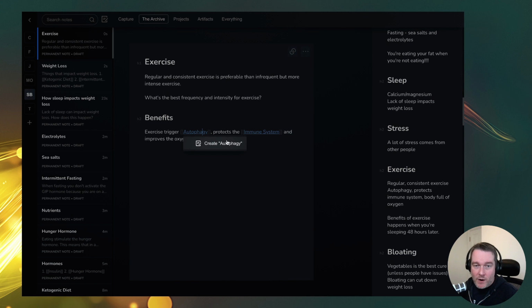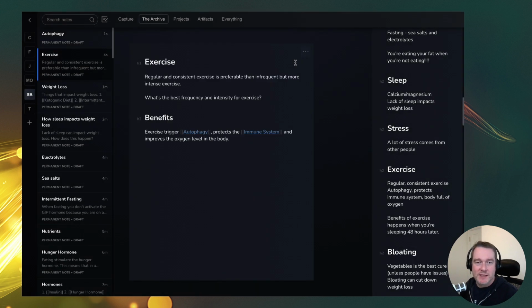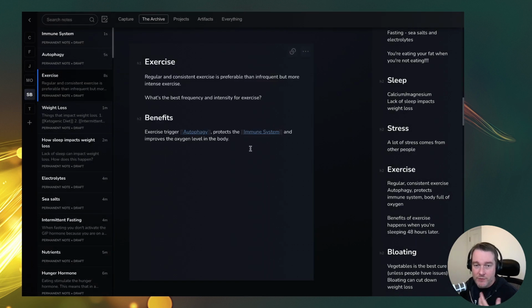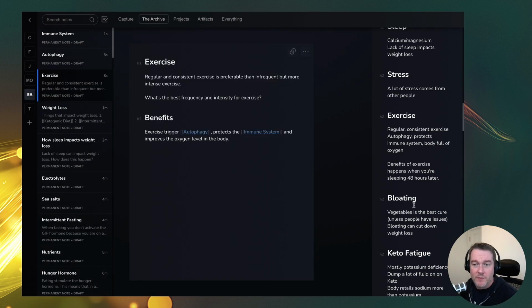Again, more lines of inquiry here. Autophagy, fascinating subject. It's about how cells recycle themselves, and the immune system is the defense mechanism against intruders.